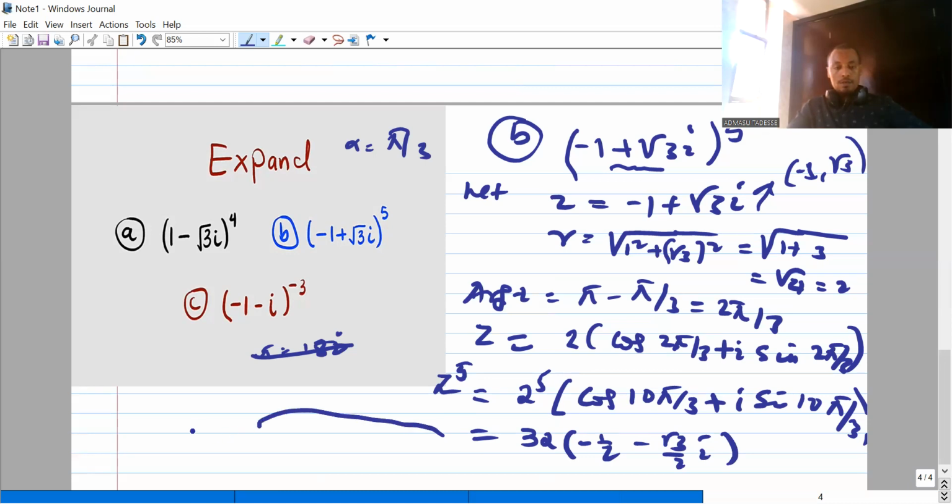This is equal to minus 8 minus 8 root 3 i. When expanded, it looks like this. So this is the expanded form of this one, b.